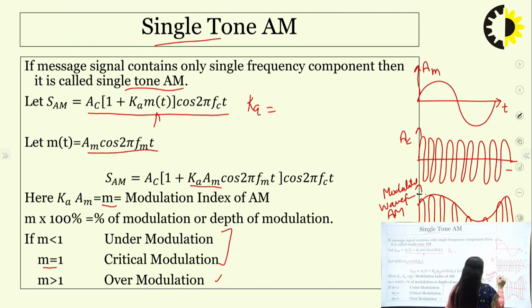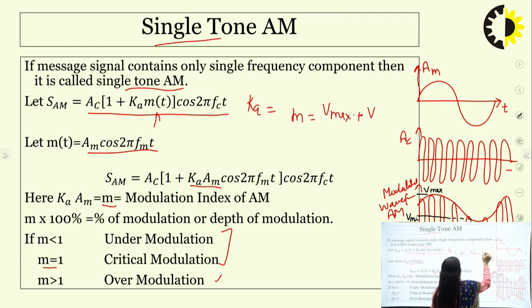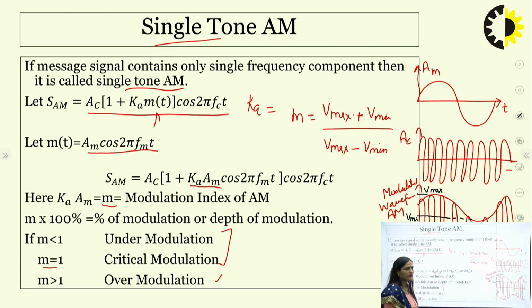If I mark this as V max and this as V min, right, then M can be calculated as V max minus V min divided by V max plus V min. So this is minus and this is plus.